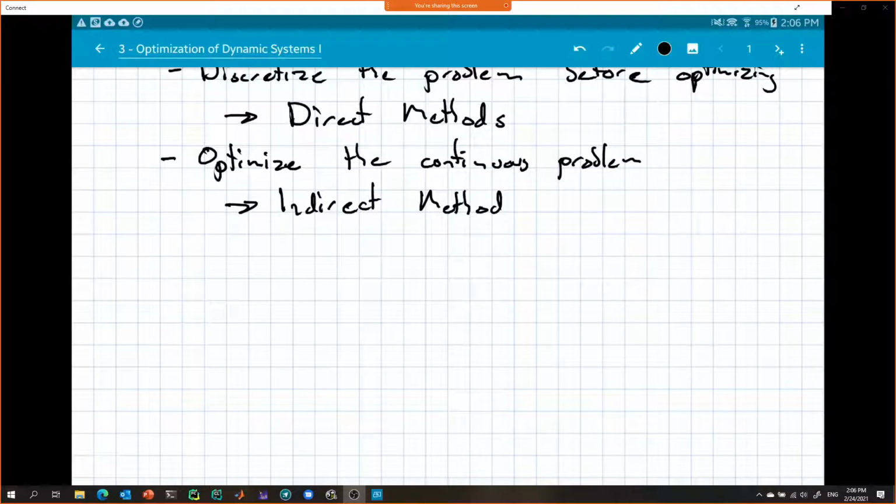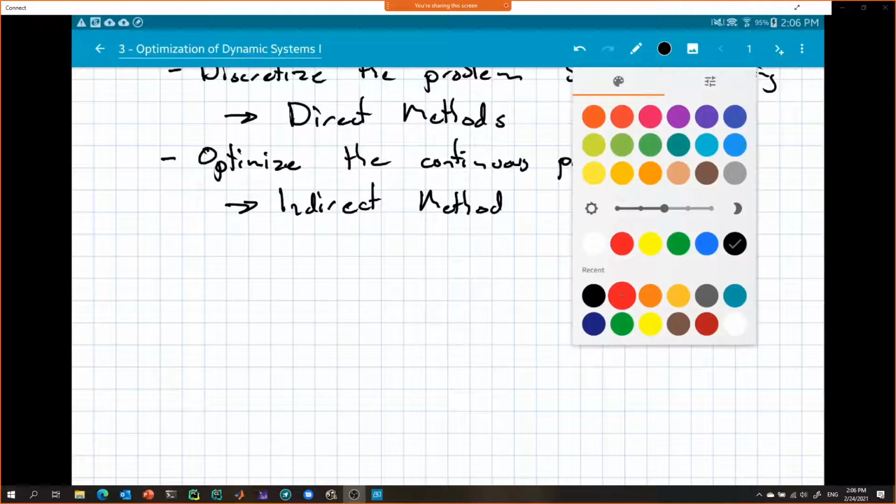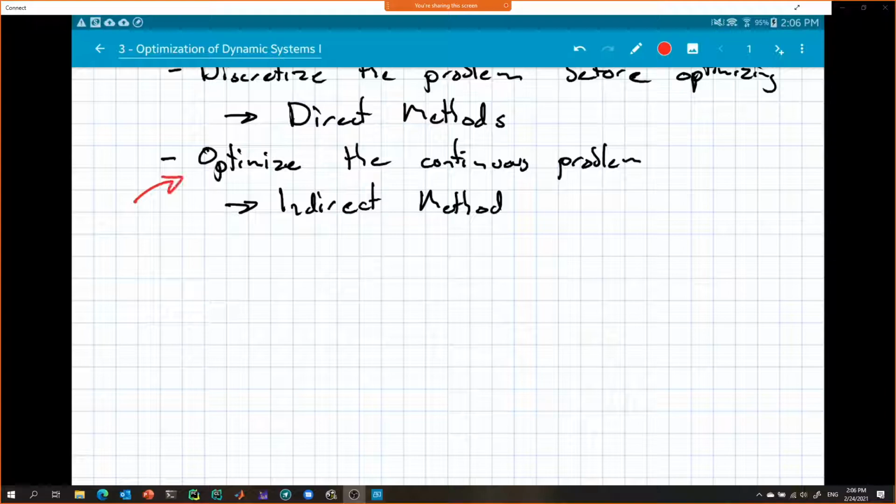So we can do the second one. This is what we're concerned with, right?